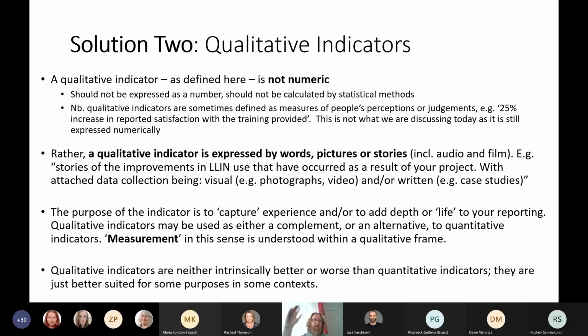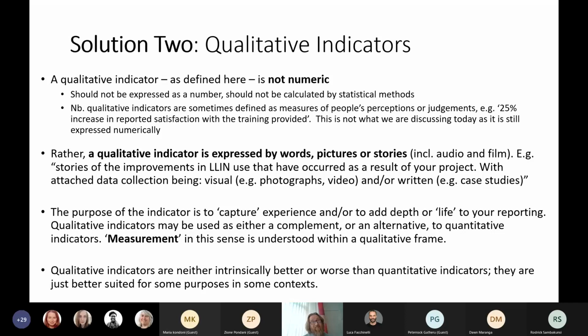They're not designed for one or the other exclusively. So it's perfectly fine to use qualitative indicators, although in my experience, they're not utilised as often as perhaps they could be. And again, they're particularly suited to contexts where the interventions might be quite complex.